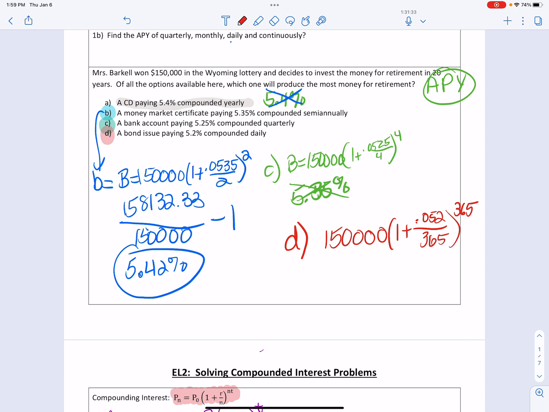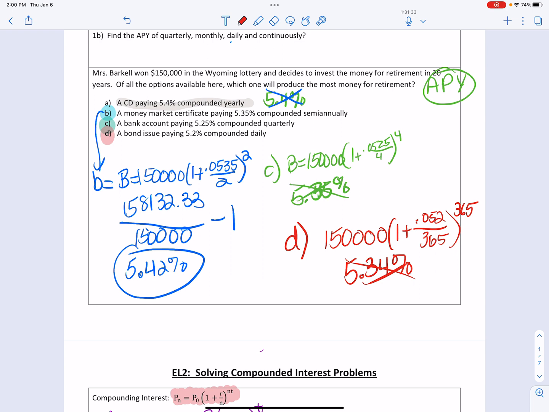I get an answer, and my answer's on my calculator. You divide by 150,000 and minus 1. And so my answer is 5.34%. Again, not better. So my answer is I would put this in the money market certificate paying 5.35% semi-annually.